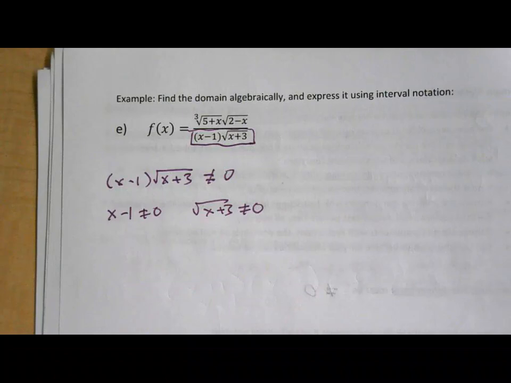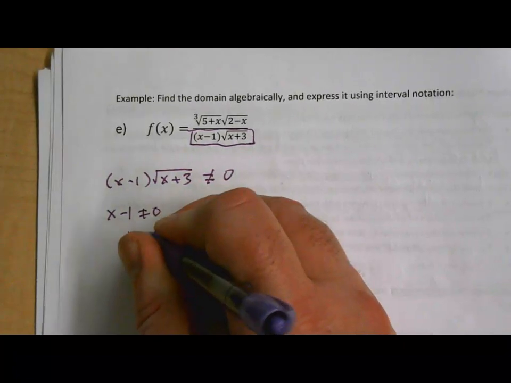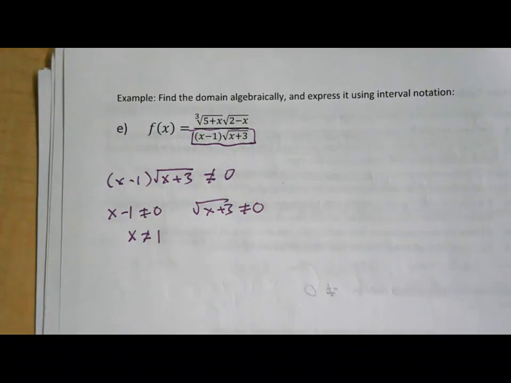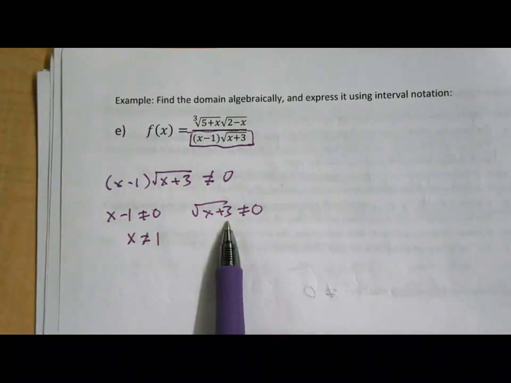Thanks. All right, solve those for me. This one's easy. Actually, they're both not too bad. We could square both sides and get rid of this square root, right?